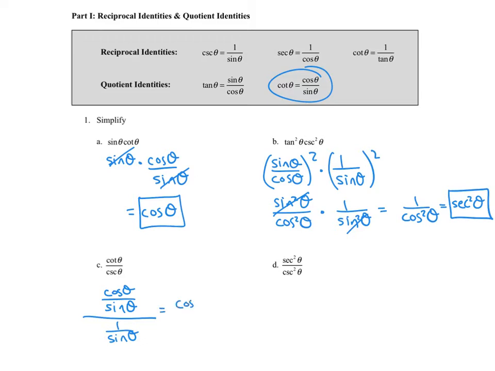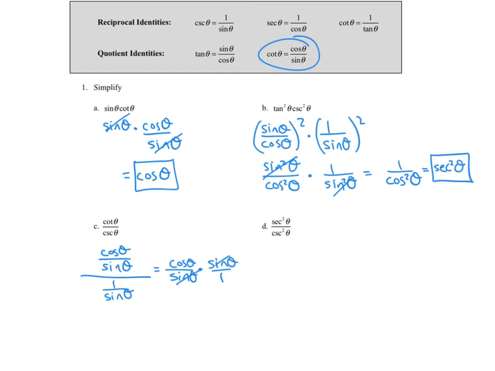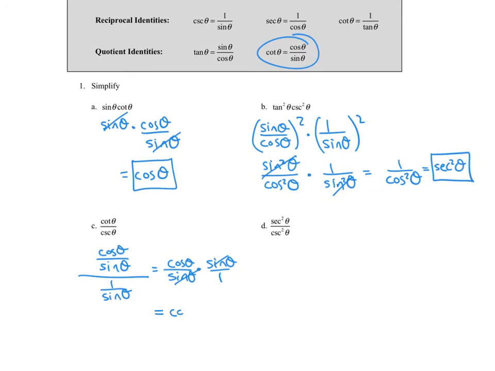So this is cosine theta over sine theta times sine theta over 1. And again, the sine thetas cancel out, leaving us with just cosine theta. So we simplify as much as we can until we have a nice simple expression.